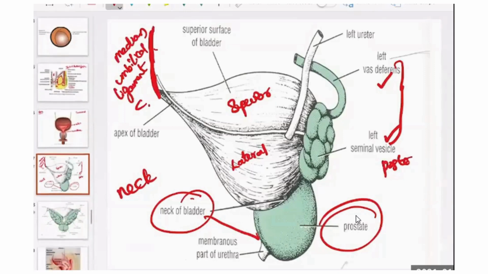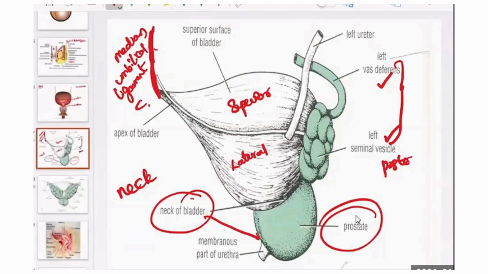Regarding nerve supply, what is important? Sympathetic and parasympathetic, right? Have you heard of the micturition reflex, filling and emptying of the bladder? So what is the muscle of the bladder? The smooth muscle inside is called the detrusor muscle.